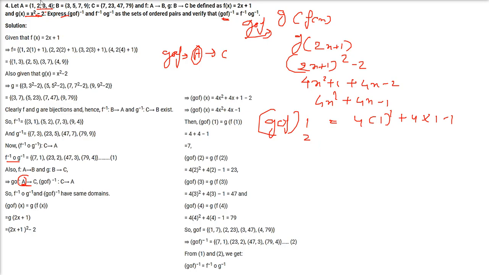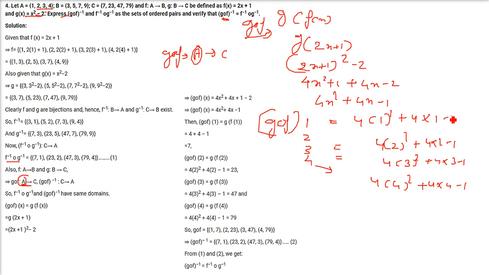And then we'll put 2, then 3 and 4. So 4 into 2 square plus 4 into 2 minus 1, and 4 into 3 square plus 4 into 3 minus 1, and 4 into 4 square plus 4 into 4 minus 1. So we find out the values, and we already know these values because it is already given.